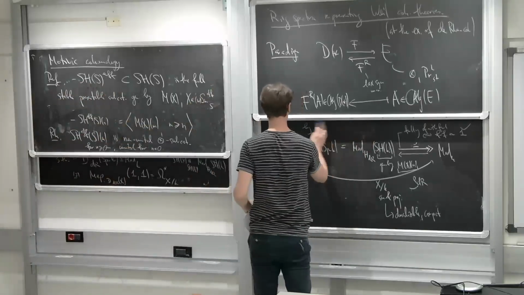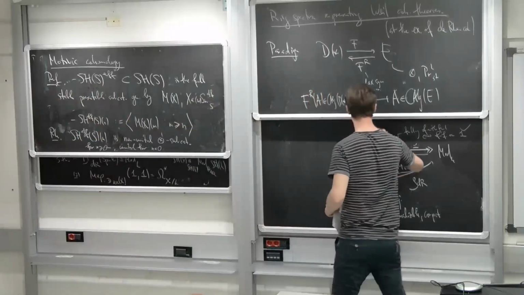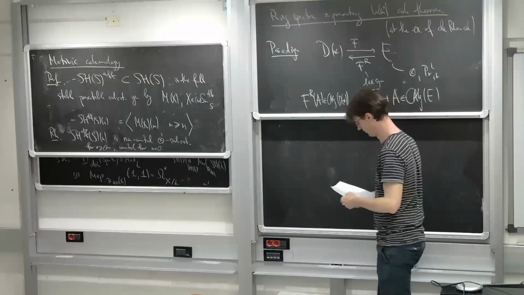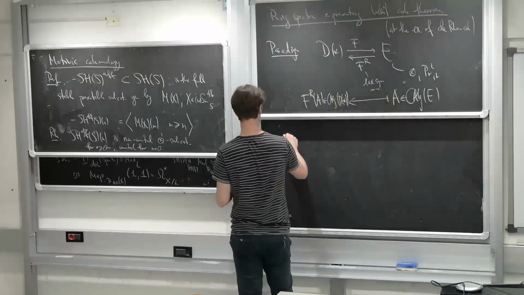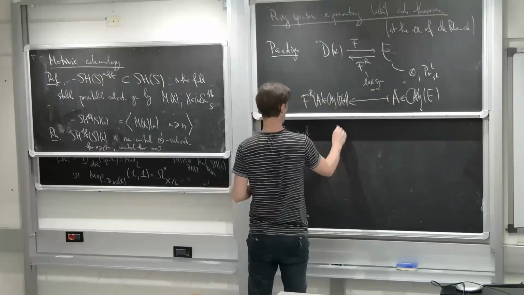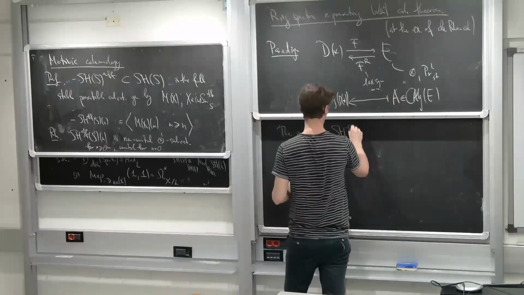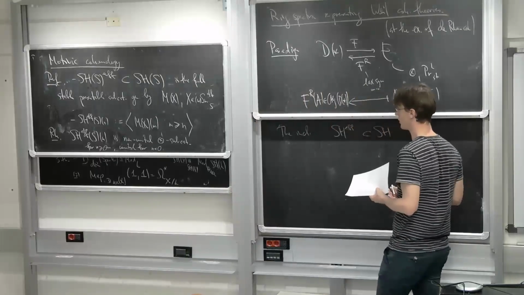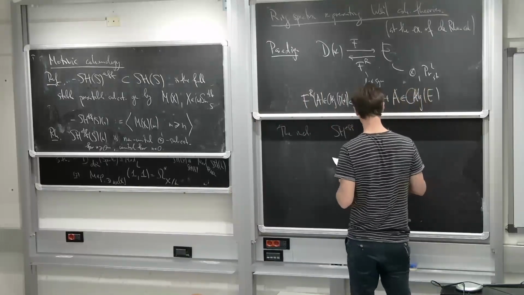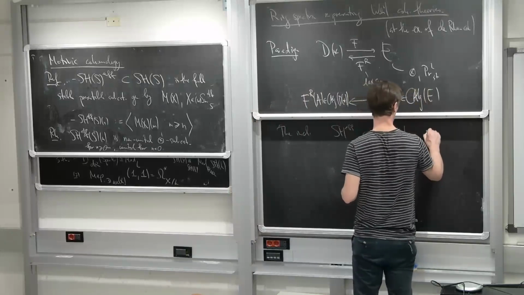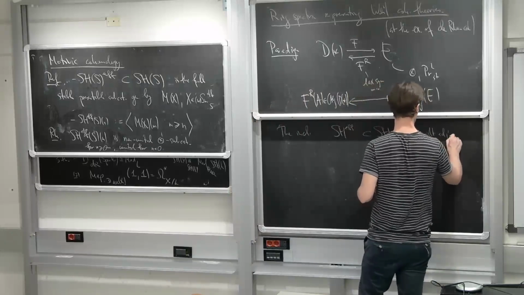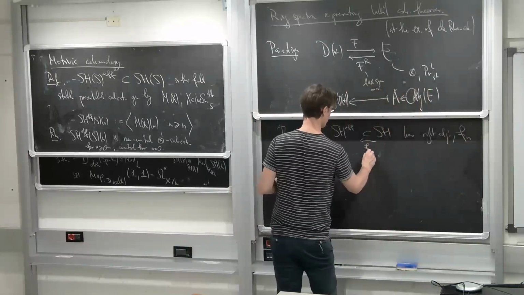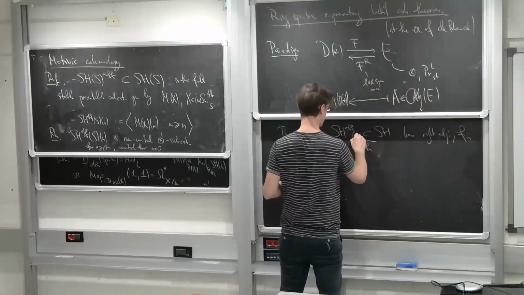Okay, so why do I mention all that? I mention these things because they give rise to the so-called slice filtration. So the inclusion of SH effective n inside SH is by definition a colimit-preserving functor, so it has a right adjoint, which I call f_n.